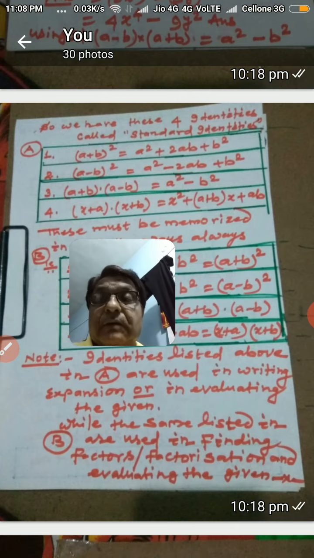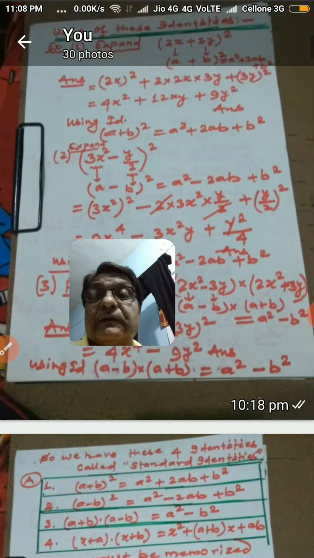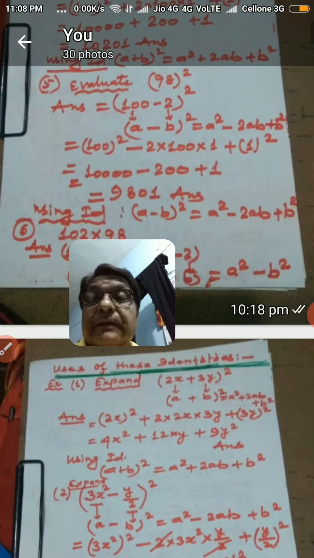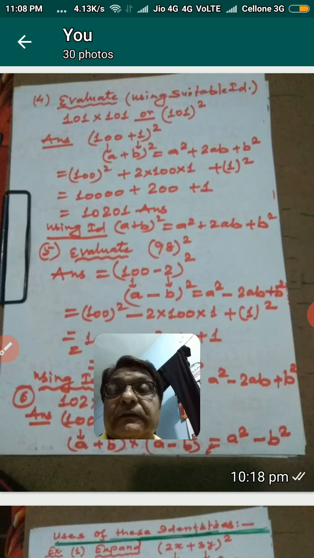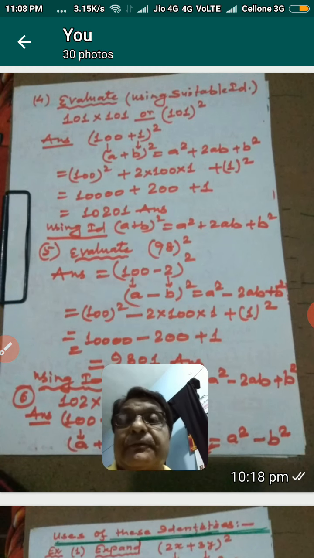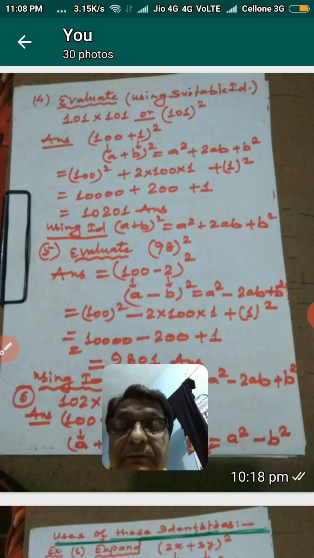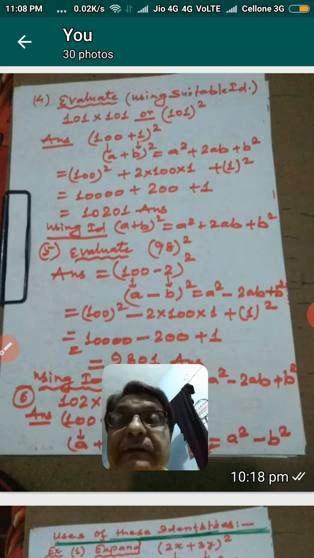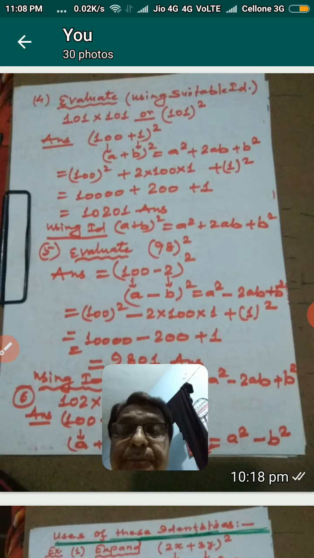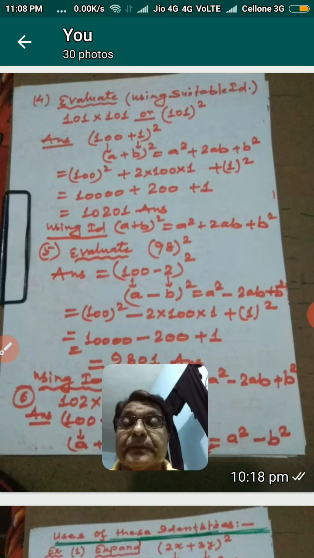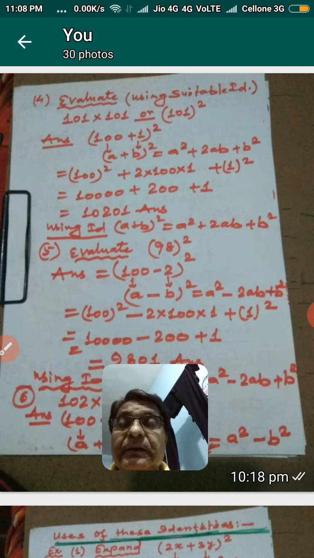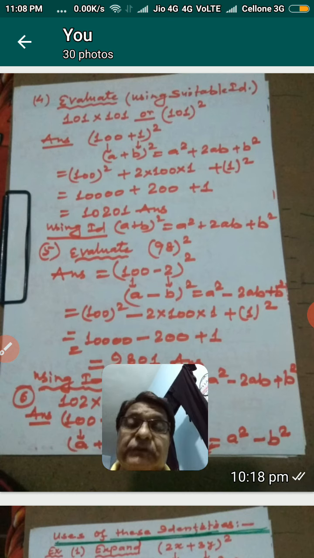Now one more page of use is there, so let us make a brief discussion. You see here some questions are of evaluate type. So evaluate using a suitable identity. The first one is 101 into 101, that is 101 whole square, you can say. Now we will split 101 by the nearest zero-containing number.